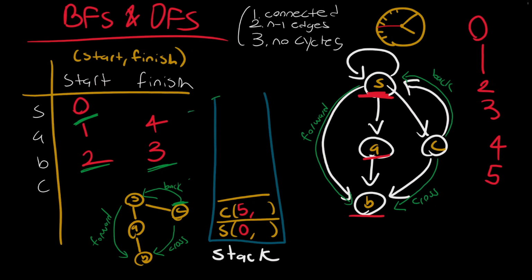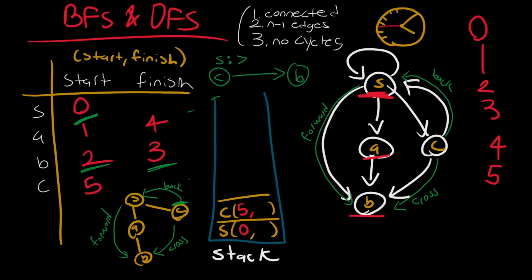So to iterate the cross example, so we have C going to B here, we see that the start time for C is greater. So let's start writing these in. 5.